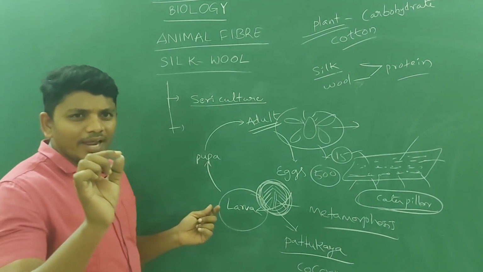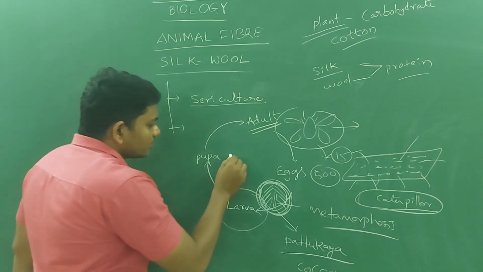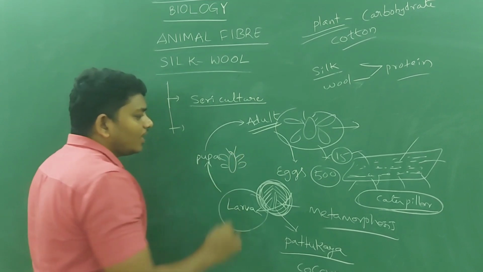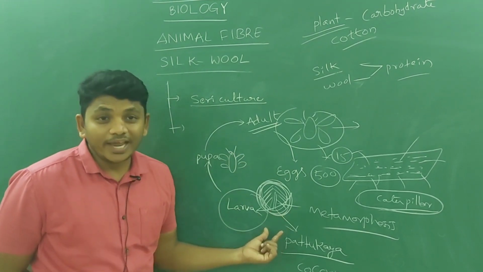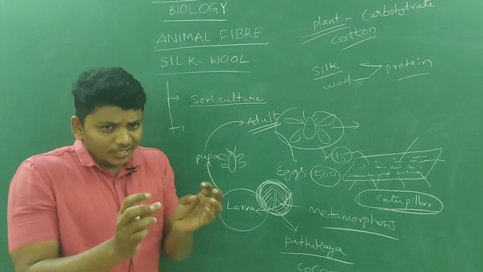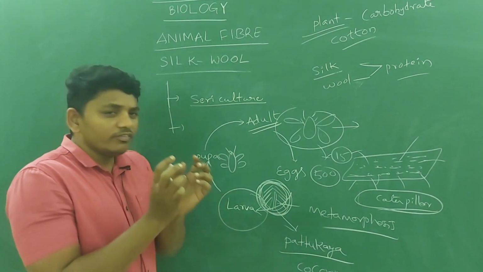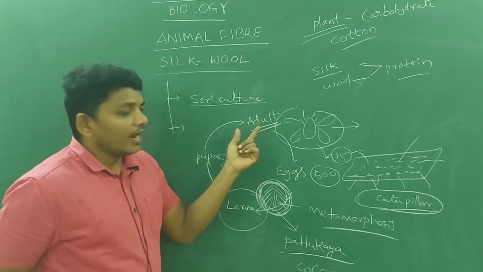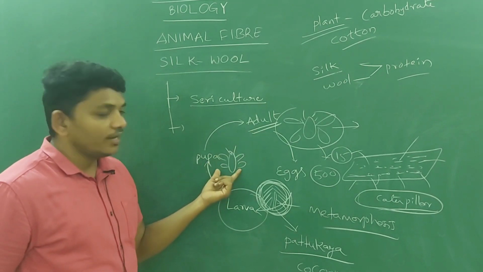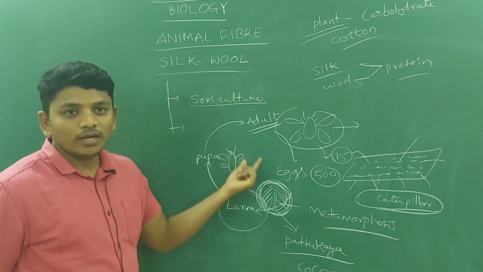You can simply identify one thing: the developed caterpillar, while it is developing its body organs, will look like an adult one, but it is not the same in size. So this is called pupa.